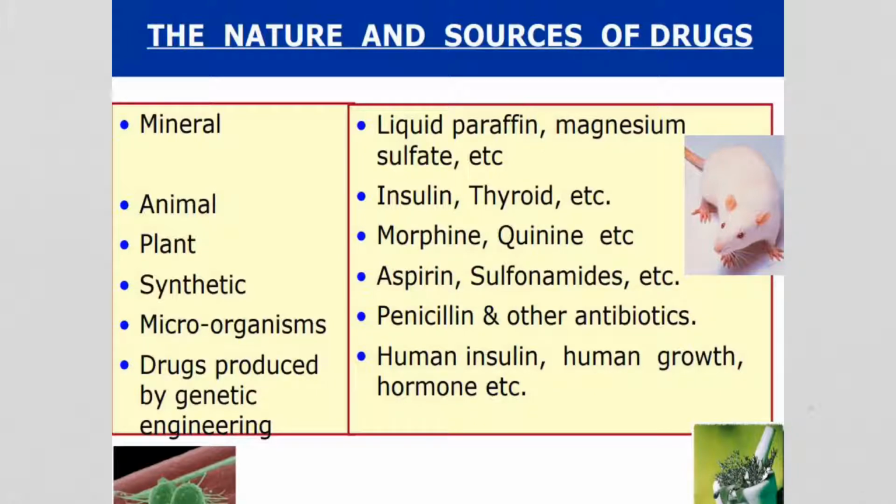On this slide are some examples of minerals, plants, microorganisms, and others produced by genetic engineering. So a wide span, and the chase is on to discover new and different sources, for example, for some of the microorganisms, for antibiotics, because of the antibiotic resistances that are now occurring.